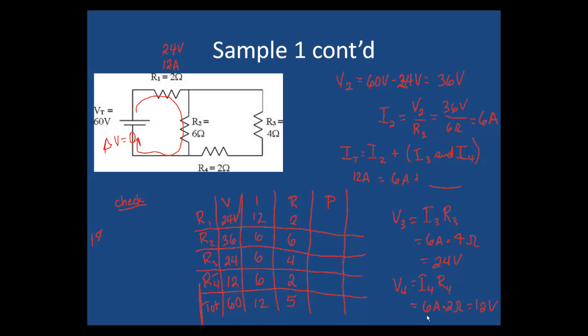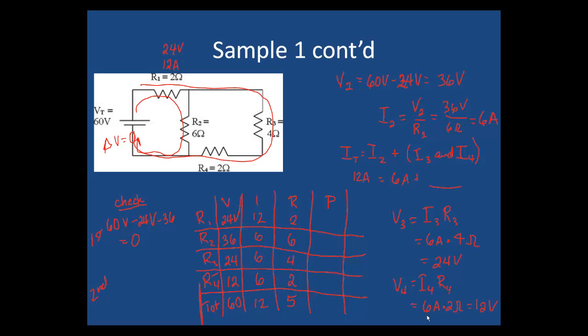So for my first loop, which is the one I've shown, I have 60 volts minus the 24 volts used by the top resistor minus the 36 volts used by R2. 60 minus 24 minus 36 is equal to 0. So that one checks.